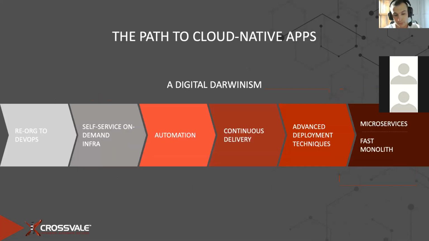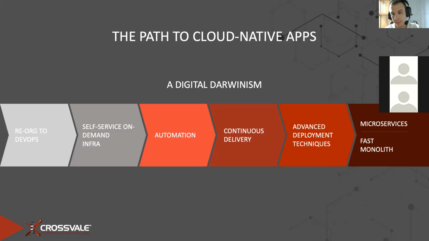In order to achieve this cloud native architecture from a legacy architecture, we will need to follow a path that will mean adopting a DevOps culture, trying to automate everything as possible, and also trying to do continuous delivery and advanced deployment techniques like blue-green deployment or canary deployment.